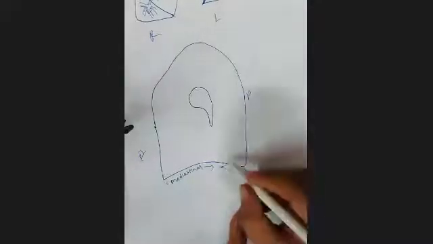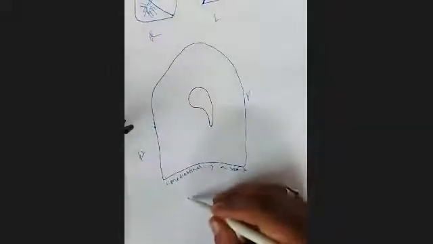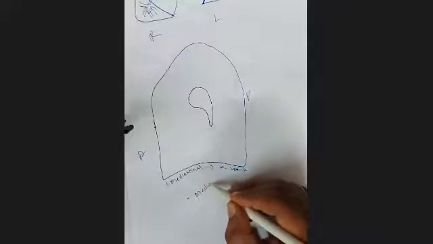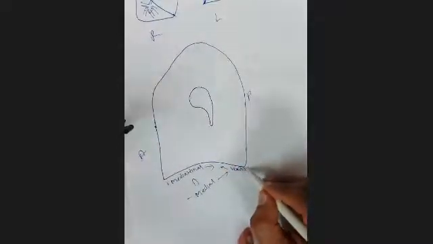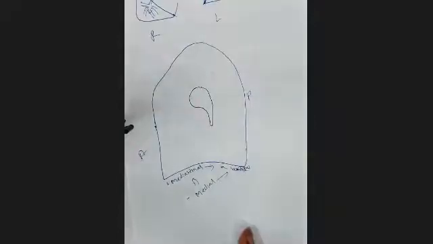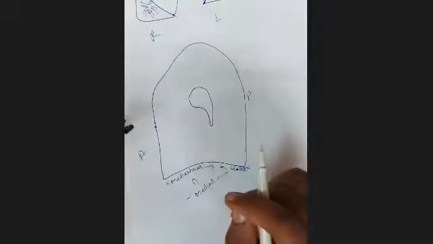So this is medial surface which I have drawn, with anterior mediastinal and posterior vertebral component. Okay? And here is the hilum of the lung.